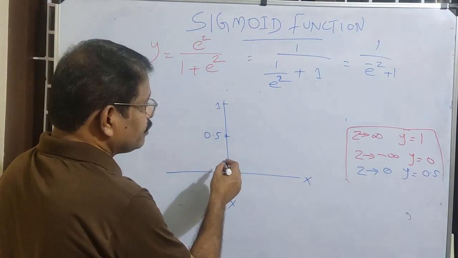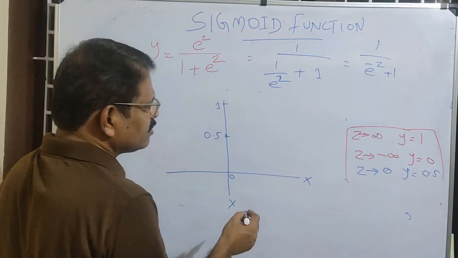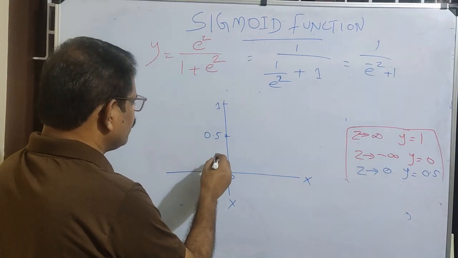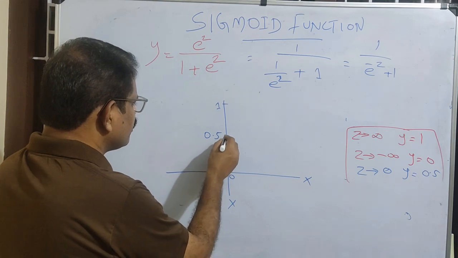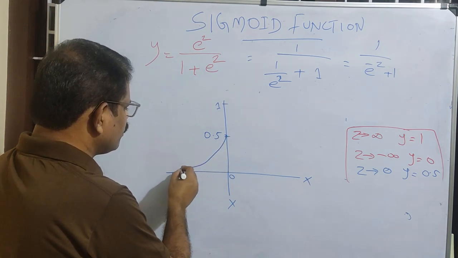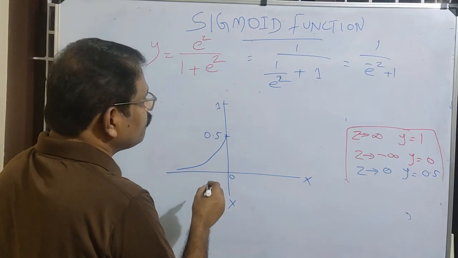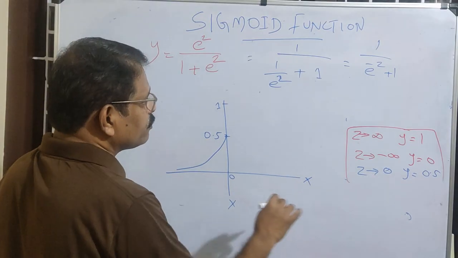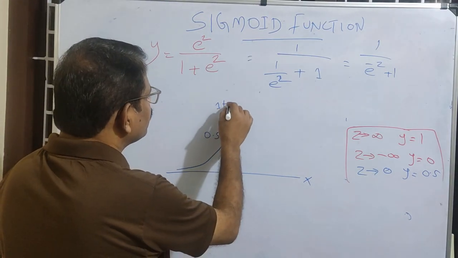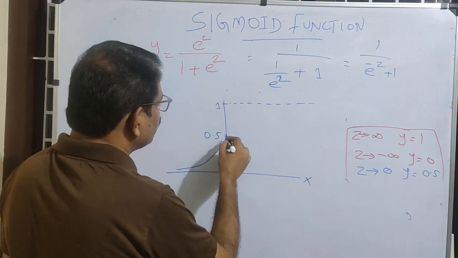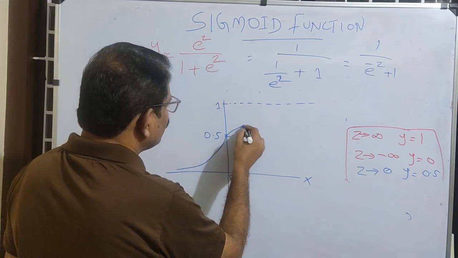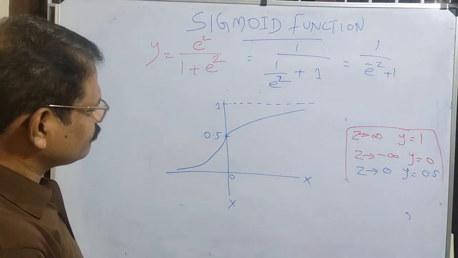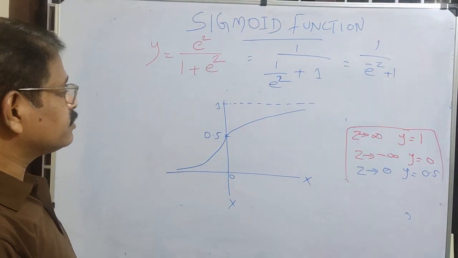When x tending to minus infinity, the y approaches 0, so we can draw it like this. When x tending to plus infinity, y tending to 1, this is 1, the function will be like this. This is the concept of sigmoid function.